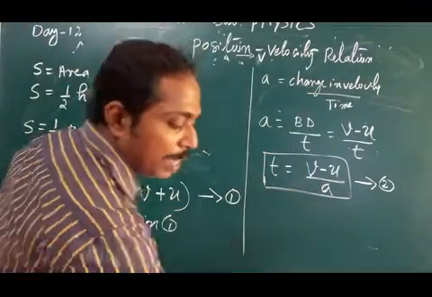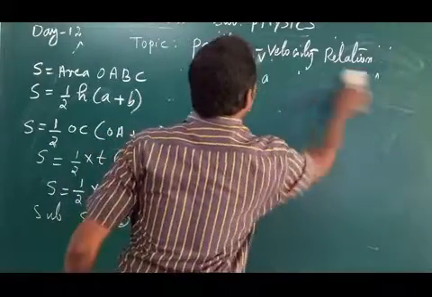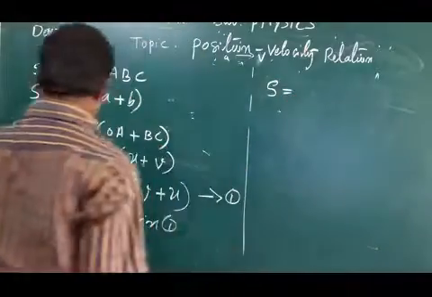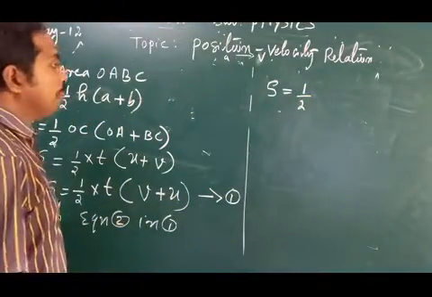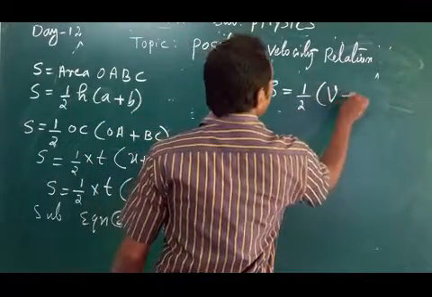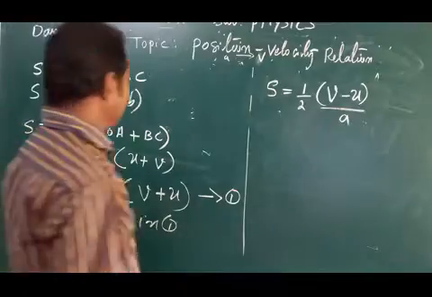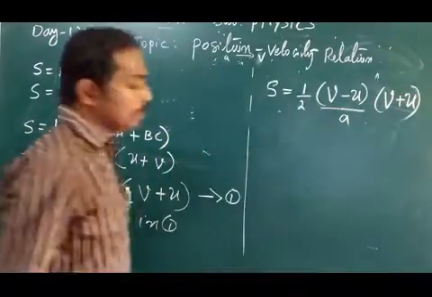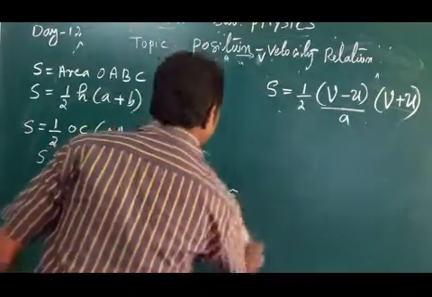Then we have S equal to half into, in T you have to substitute V minus U by A. Understand how it came: V minus U by A into V plus U. So we have this equation S equal to. Write one more time.